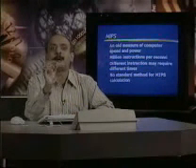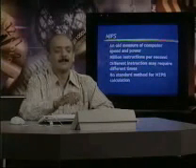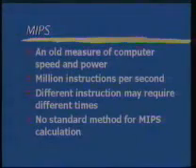So how can you define a common measure for all those instructions? Well, that is what the fourth point in the slide says: there is no standard method for MIPS calculations.